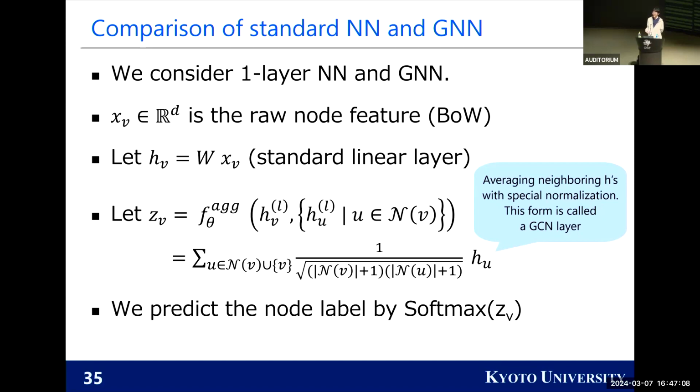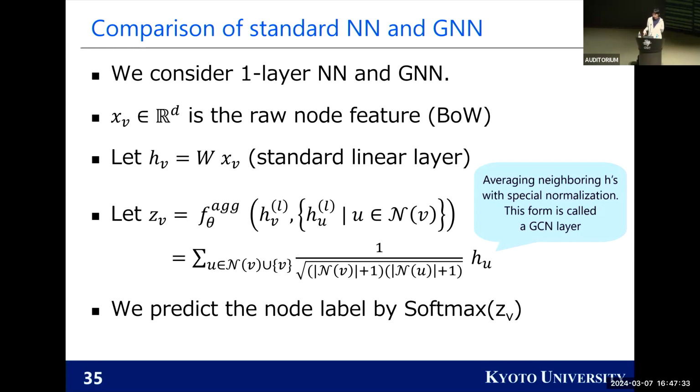The survey paper of graph signal analysis provides more detailed reasons why we use this type of normalization. But anyway, you do not need to understand the reason for the moment, just understand this as the simple average of the neighboring H_U.